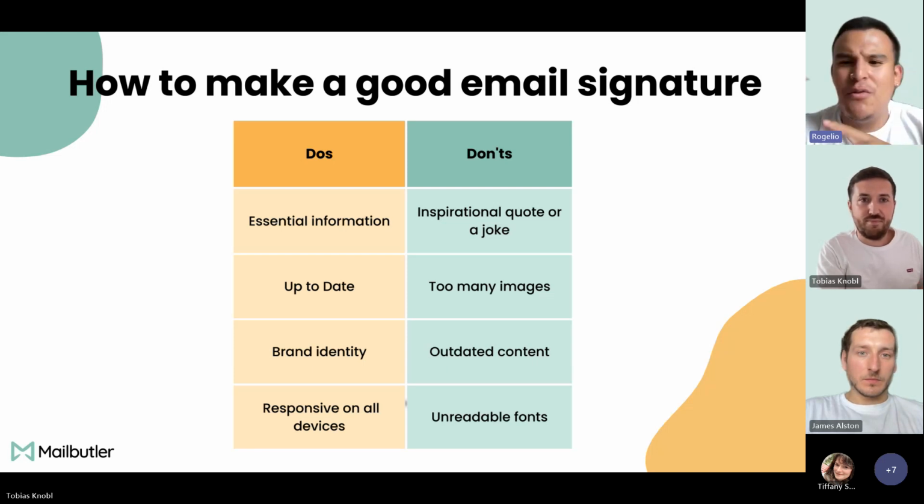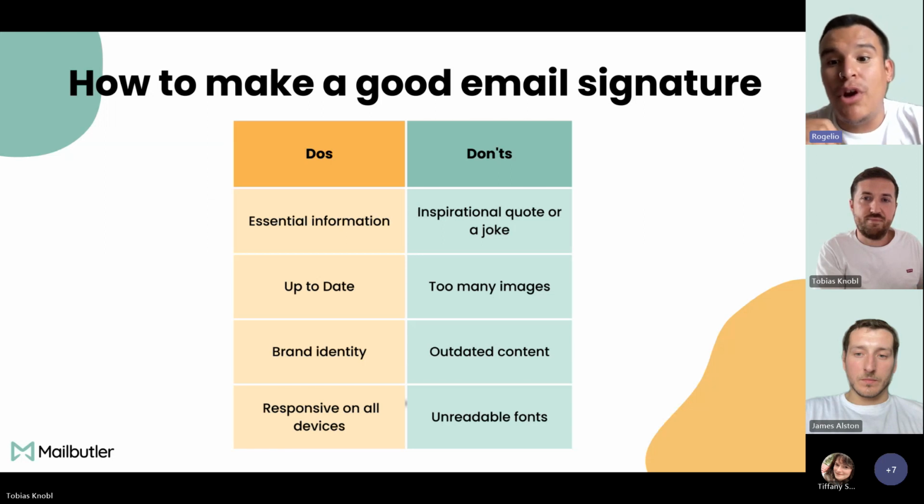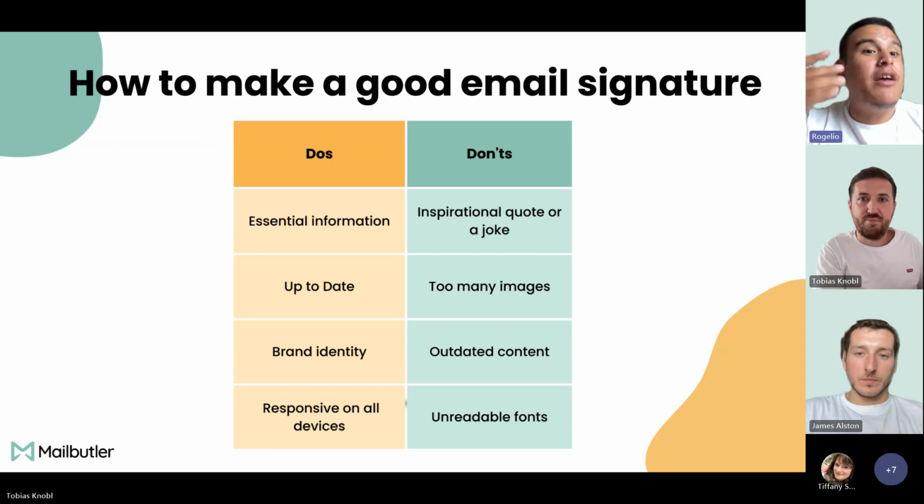What do I mean by essential information? Basically, your name, your position, your company, and an image, as you could see in James's example and in Tobias's example as well. And of course, include your contact information, email, phone number, and those are usually the best ways that people can reach out to you. So include those for sure.